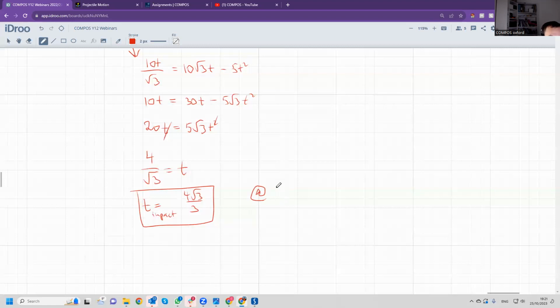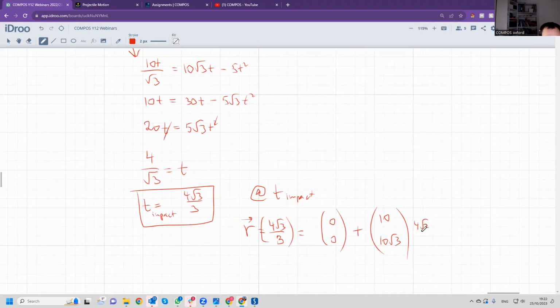So at time of impact, the position of the object at 4 square root of 3 over 3 is, well, 0, 0 plus 10, 10 root 3 times 4 root 3 over 3, plus 0, minus 10, so a half of minus 10, multiplied by 16 thirds.